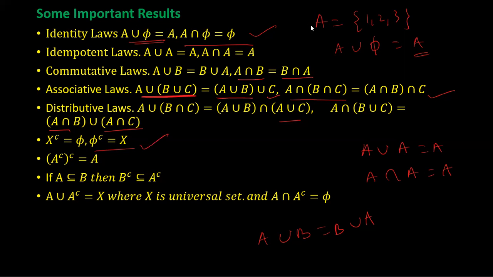Complement of a set, and if you take complement again, you will get the original set A. If A is a subset of B, then B complement will be a subset of A complement. A union A complement equal to X, where X is the universal set, and A intersection A complement will be phi.